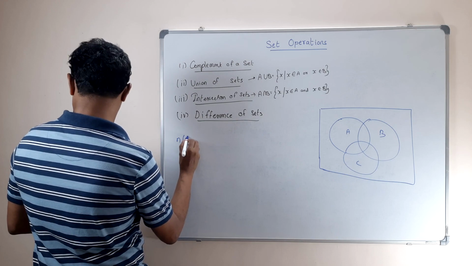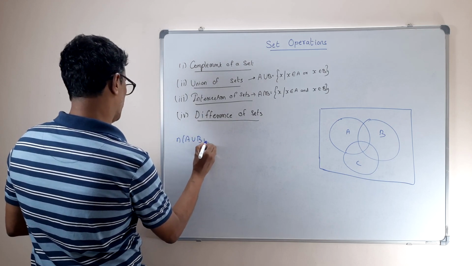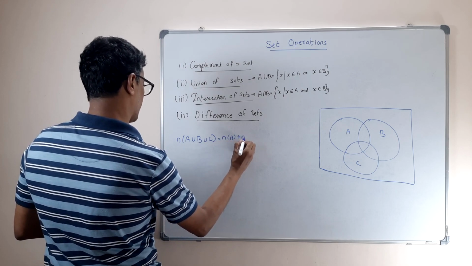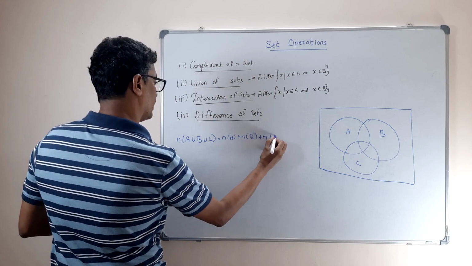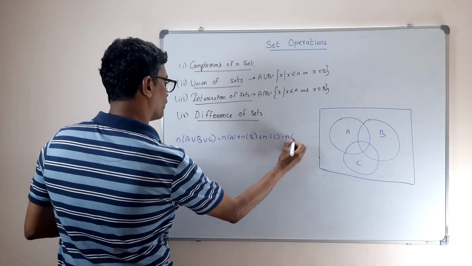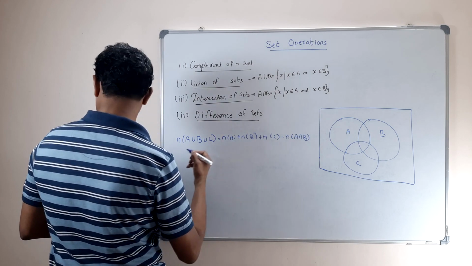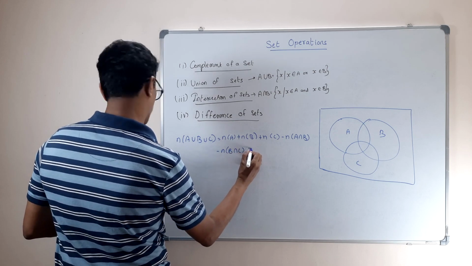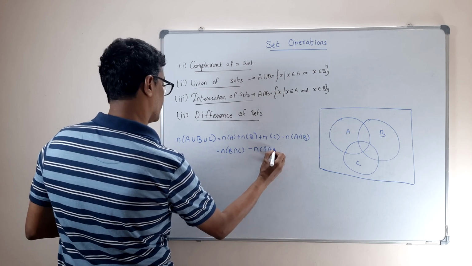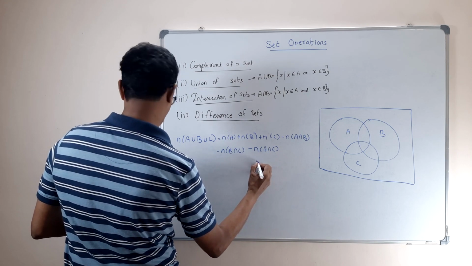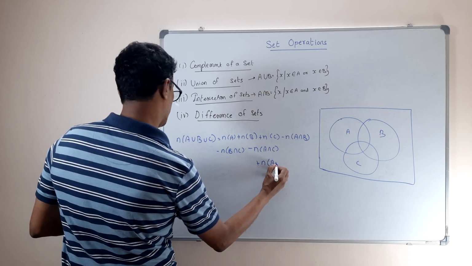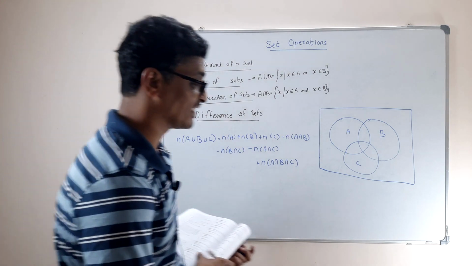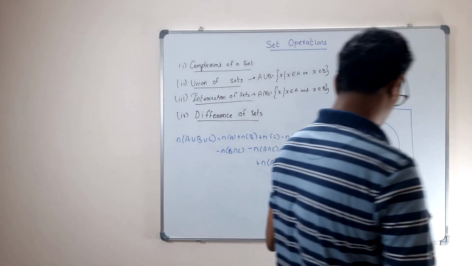N of A union B union C will be N of A plus N of B plus N of C minus N of A intersection B, the double count, you remember we said that, minus N of B intersection C minus N of A intersection C, plus N of A intersection B intersection C. The center part has to be added back, because you cancelled the central part fully. Am I right? You can prove it very simply.